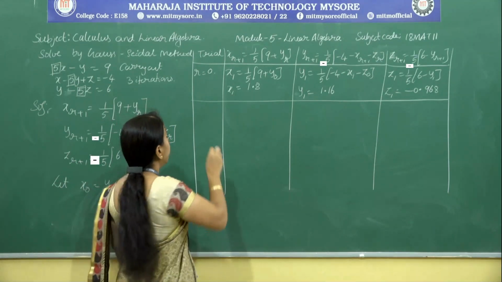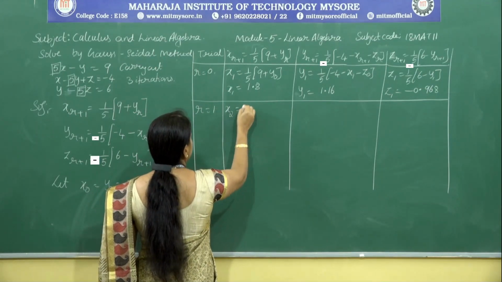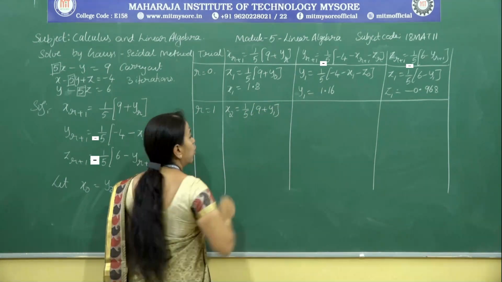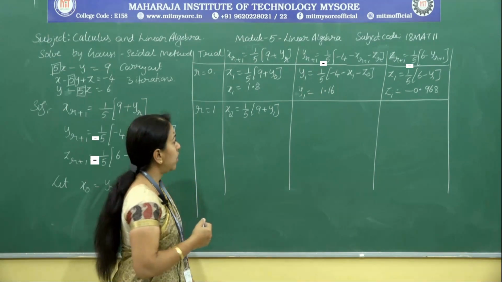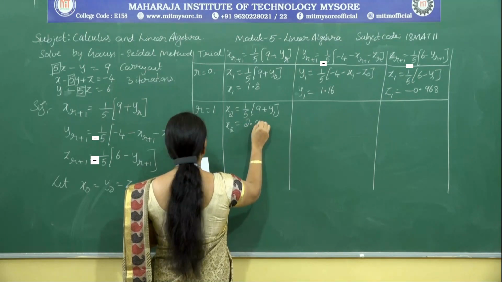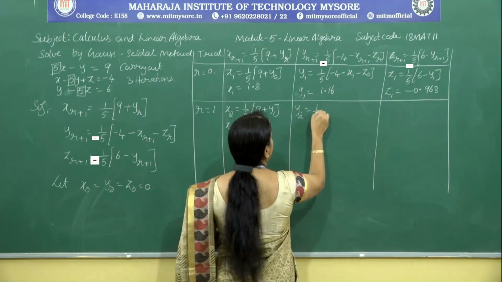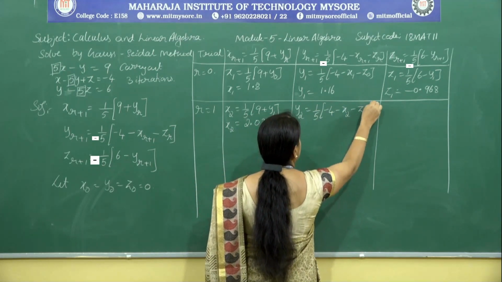Then the second trial is r equal to 1. So x2 is 1 by 5 into 9 plus y1. You already calculated y1, right? So use that y1, substitute and simplify, so that I will get x2 as 2.032, and y2 is 1 by 5 into minus 4 minus x2 minus z1.